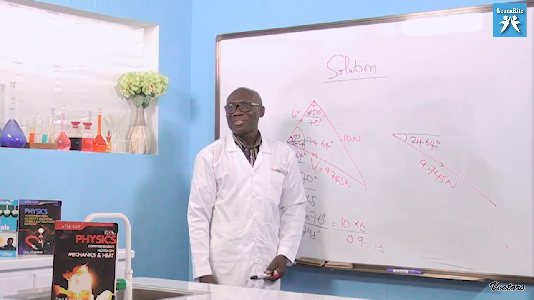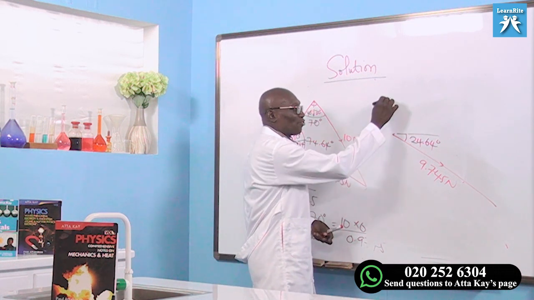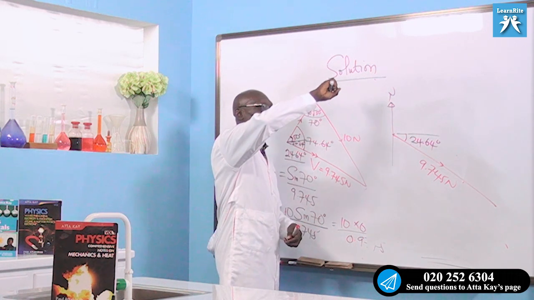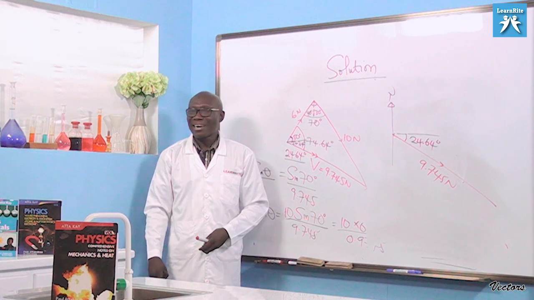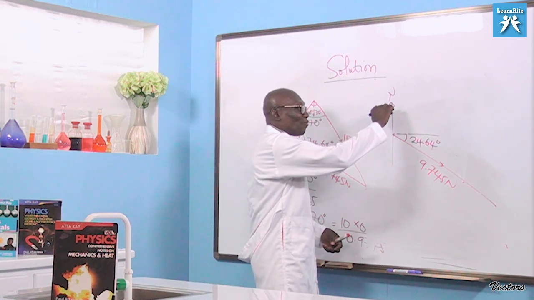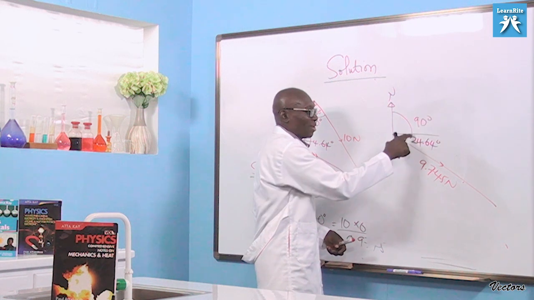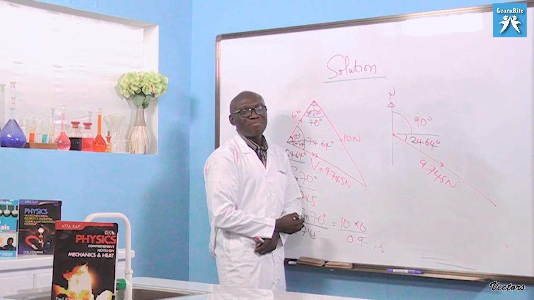Come on. Once we know this, can't we start from here and draw our north and see from the north the angle we go through to get to that vector? So first we go from the north through an angle of 90. Then we go additional 24.64.